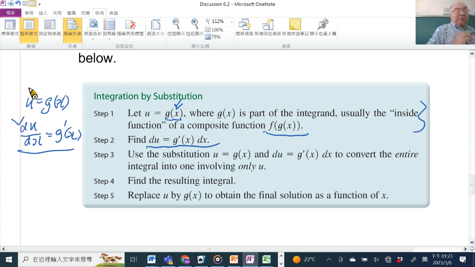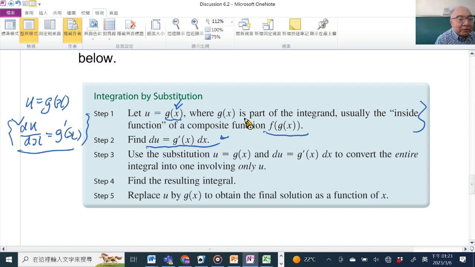However, in this semester, since we are going to do integration, this format is not useful. Therefore, we rewrite this result into a more useful form: du equals g prime of x dx.